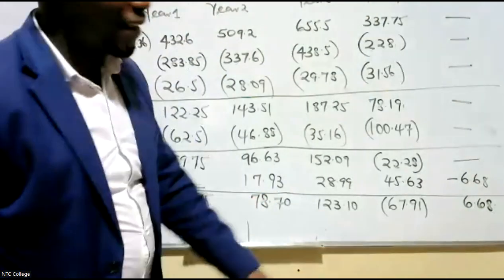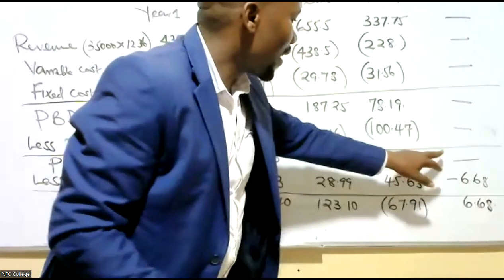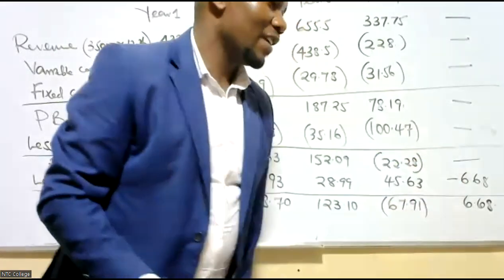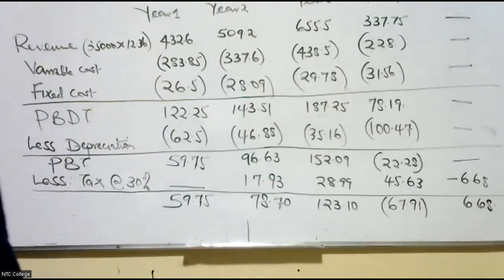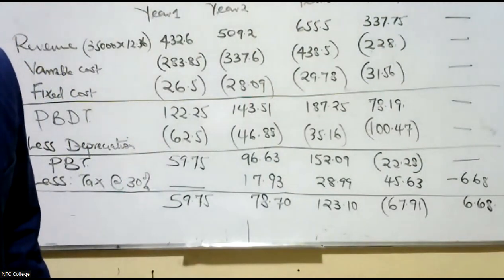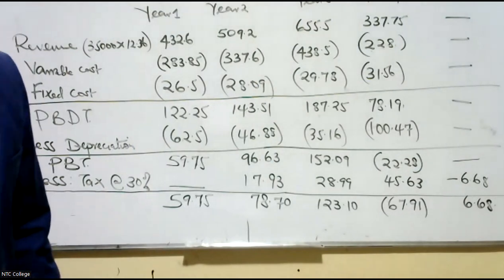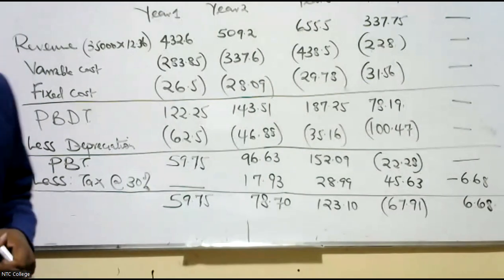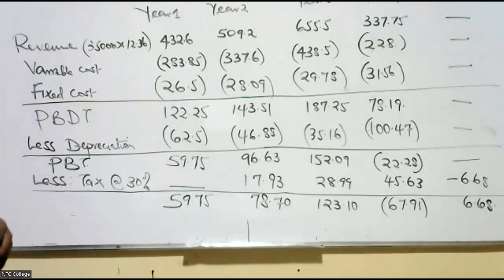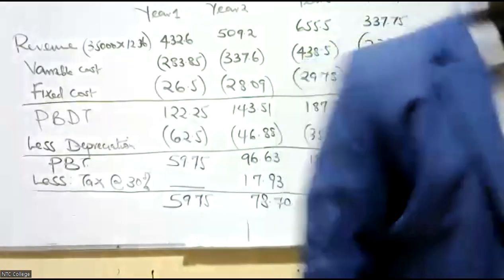So here the root is now 0. This one is like 0 minus 6. It becomes positive. Now minus. Accountants.